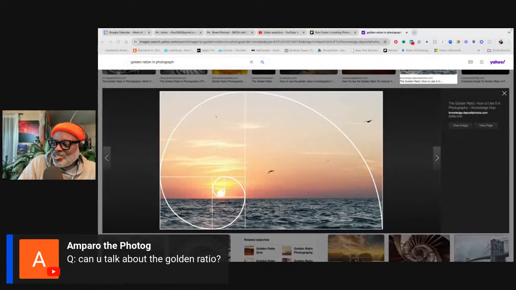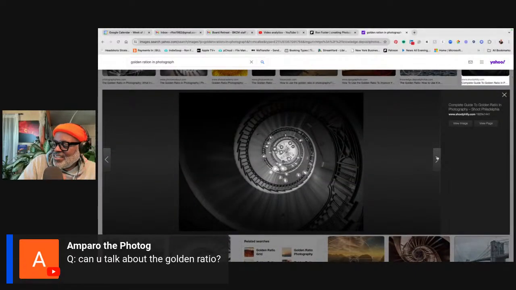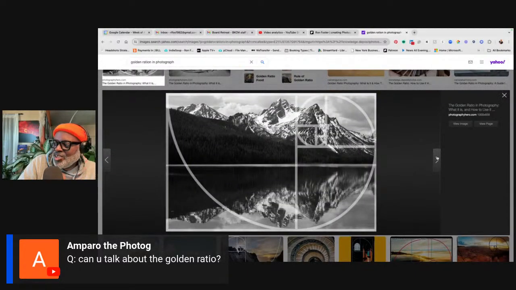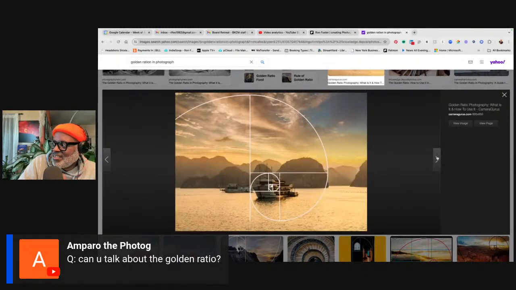And there's this swirl. You want your subject, and it swirls out. And there's lots of these. And you're using this swirled composition. You see? But that's composition. Amparo's going deep here.